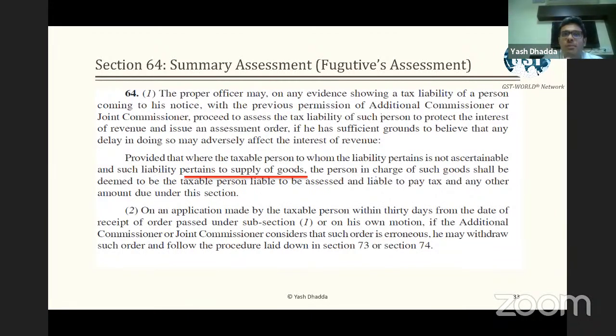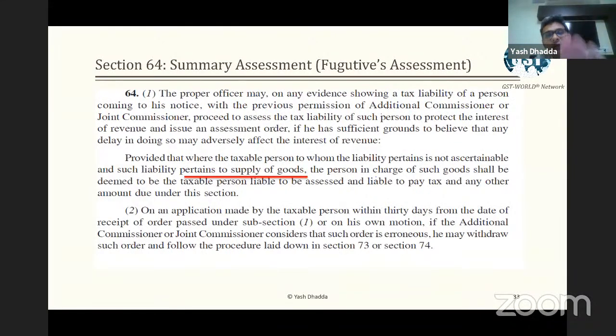Now this is not proper because 64 के अंदर एक important condition है कि पहले you have to take prior permission and there has to be sufficient ground to believe that any delay in doing so may adversely affect the interest of the revenue. So wherever there is an assessment under section 64, it is always advised that the assessee should write to the proper officer and seek reasons कि आपने क्या reason है जिस कारण से मेरा assessment section 64(1) में कराया.